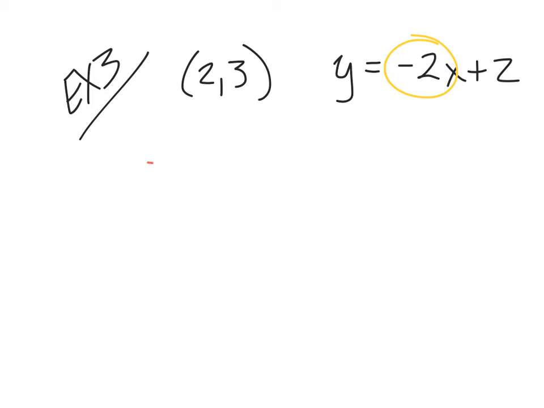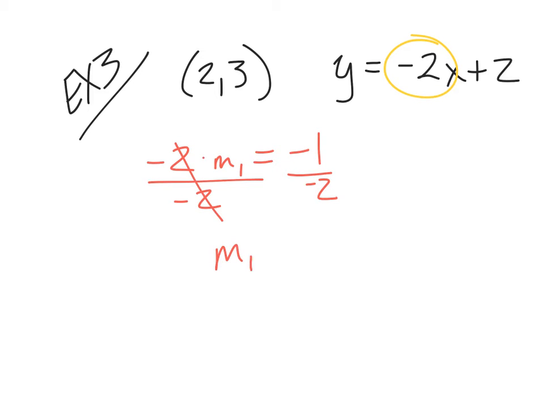So if I take negative 2 times the other slope, which I don't know, so I'm going to say m1, it's going to always equal negative 1. So negative 2 times m1 equals negative 1. So if this is multiplication, to solve for m1, I just divide by negative 2. So then the slope of the other equation, m1, equals 1/2.